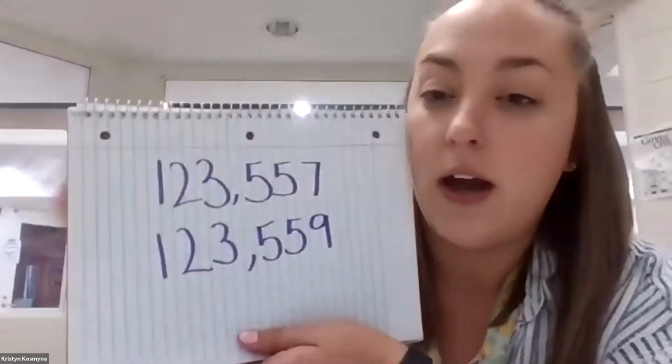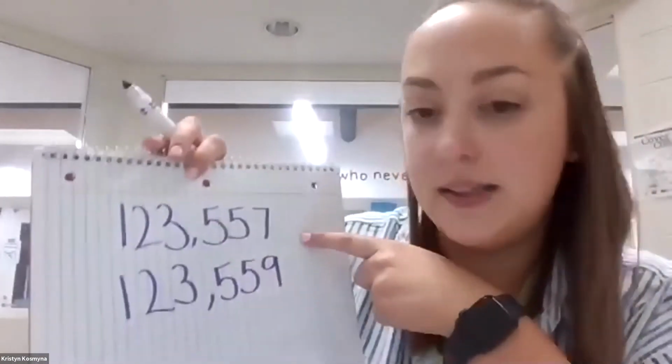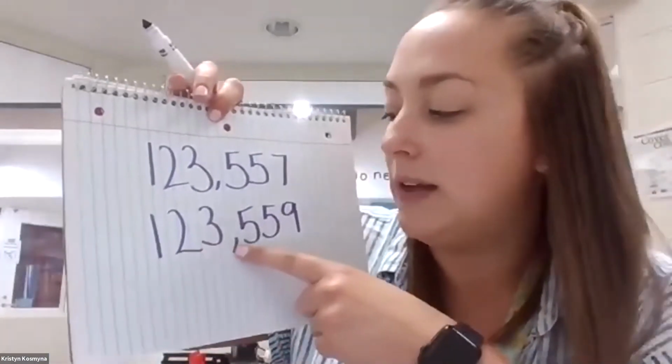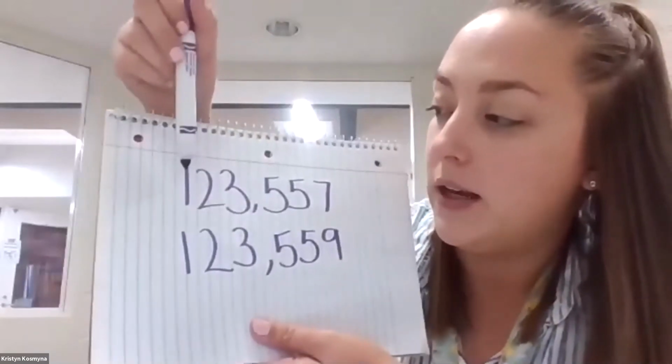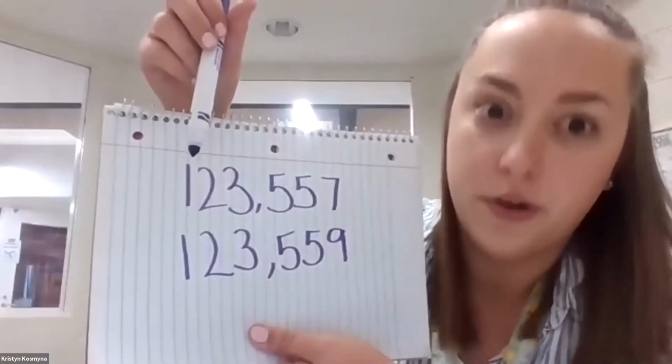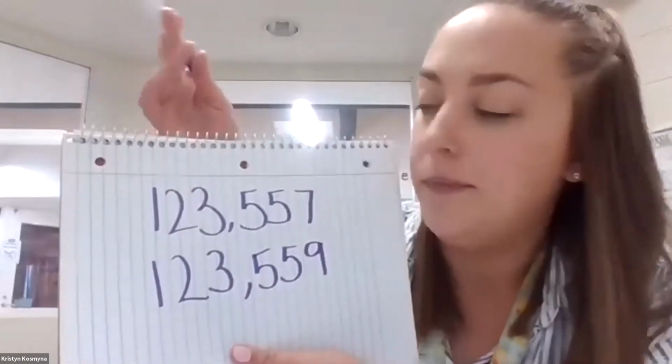Sometimes you might have to go all the way down to the ones place for place value. So let's check out these two numbers: 123,557 and 123,559. Let's compare our hundred thousandths place, excuse me. 1 and 1, the same.